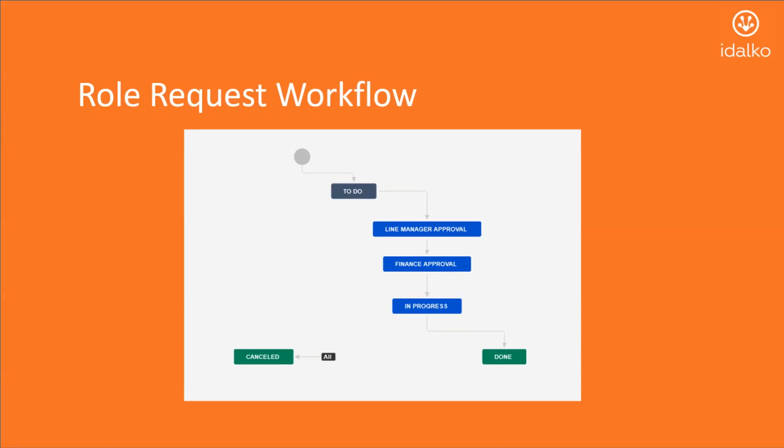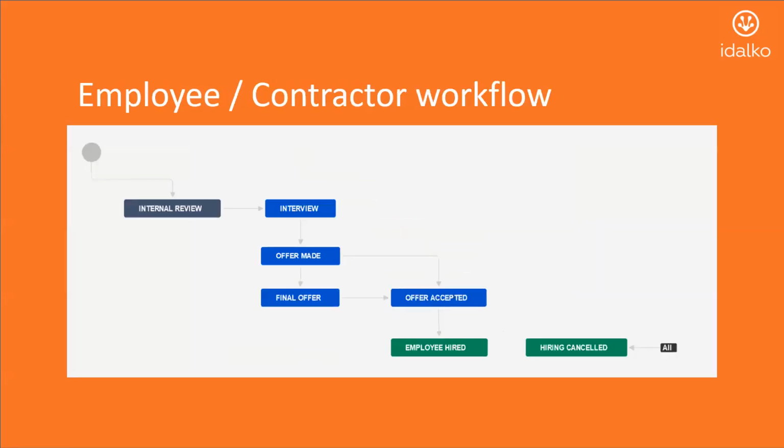This role request will have subtasks under it, and these subtasks will be an employee or a contractor, because you might need different types of roles for different use cases. You might have a temporary project for which you need a contractor, right? Or you might have an open position for which you need a permanent employee. So this is, again, a very basic workflow of how the process of interviewing, haggling, or perhaps even hiring, or just working around the onboarding of the employee might go.